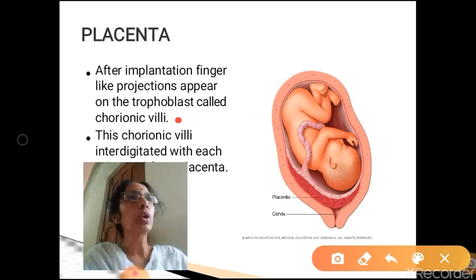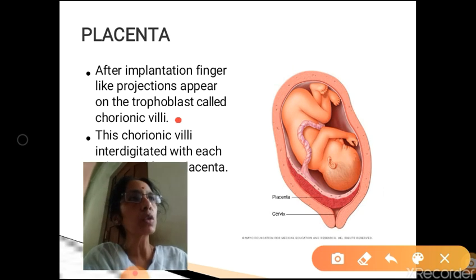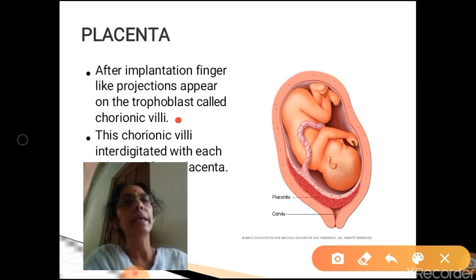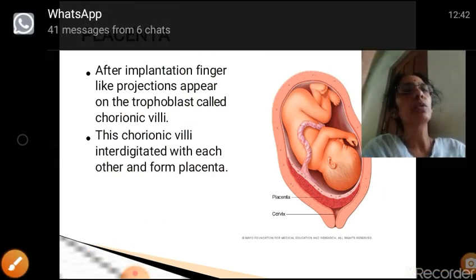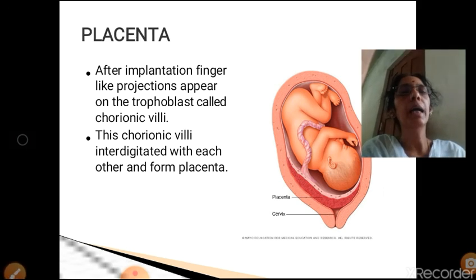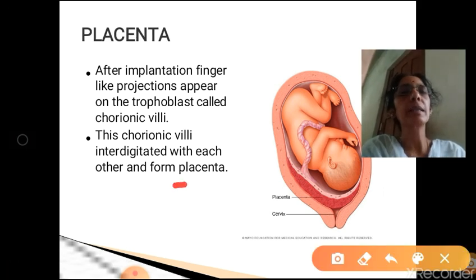Now, the chorionic villi are in close association with which layer of the uterus? Endometrium. Now, the chorionic villi will be interdigitated with the uterine tissue, and that forms the placenta. Clear?